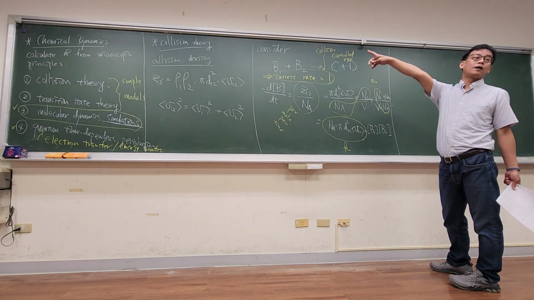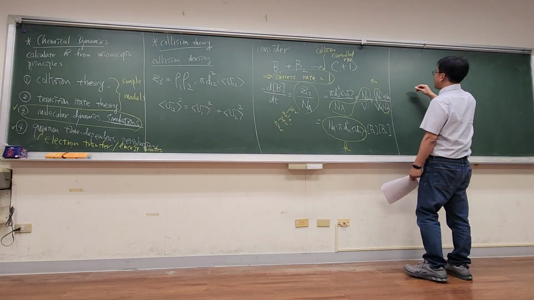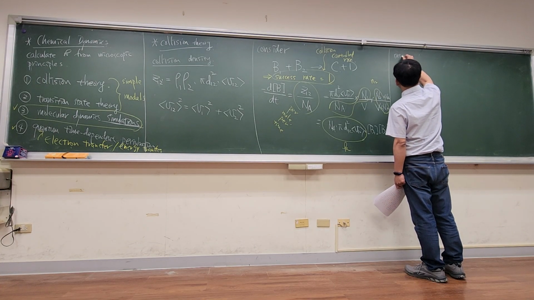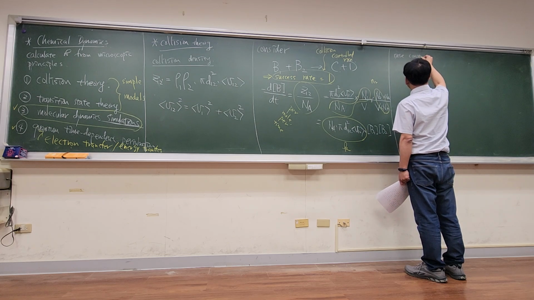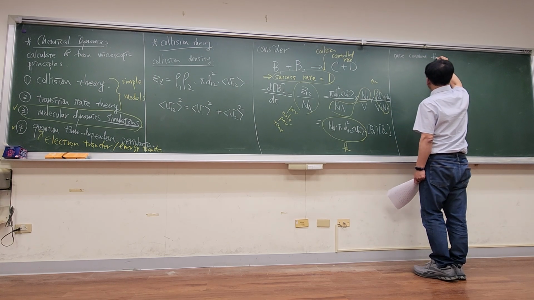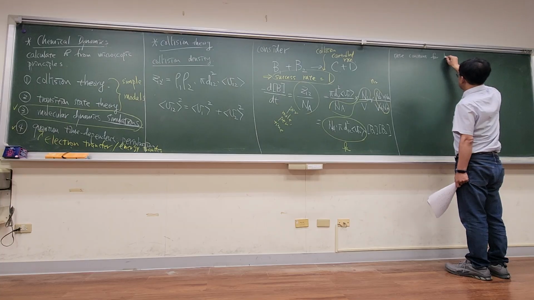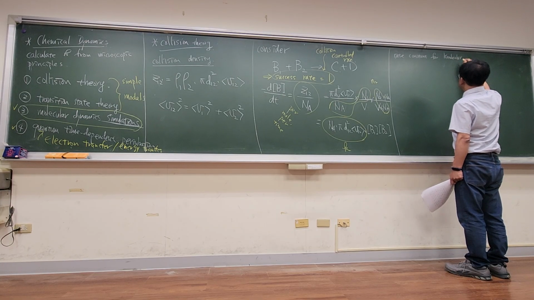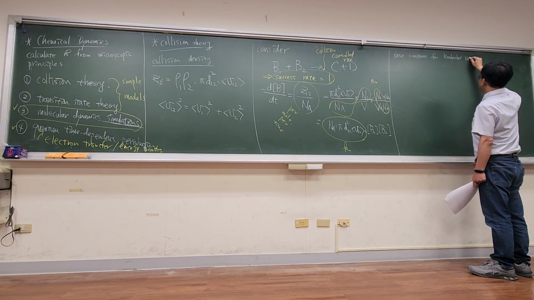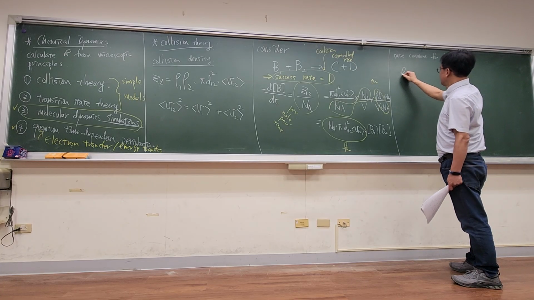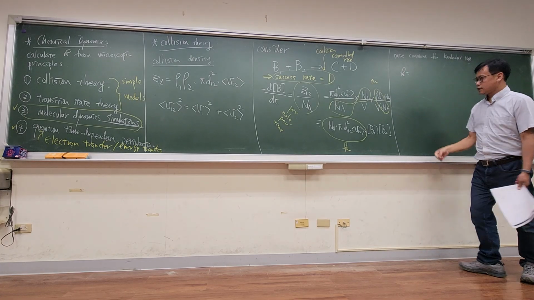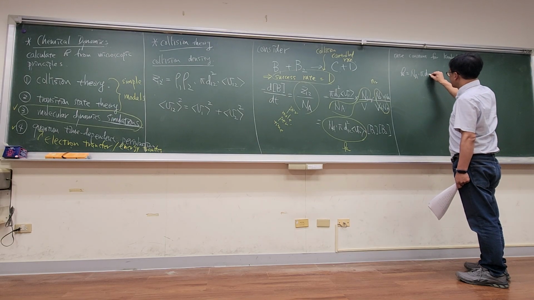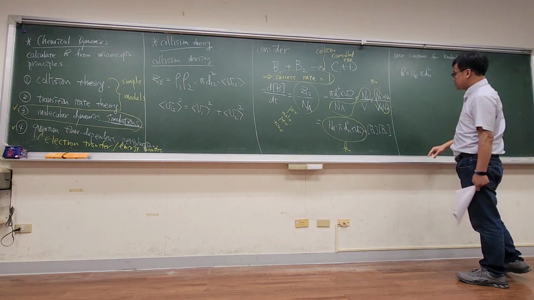So from the simple collision theory, we derive that the rate constant for a bimolecular reaction A is simply Avogadro number times pi d12 square times v12.